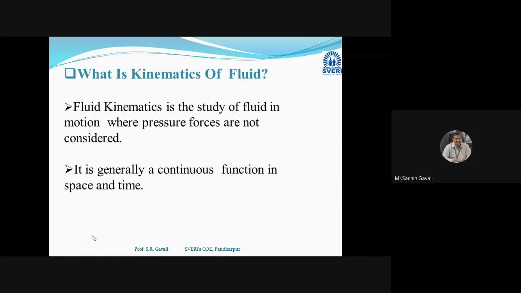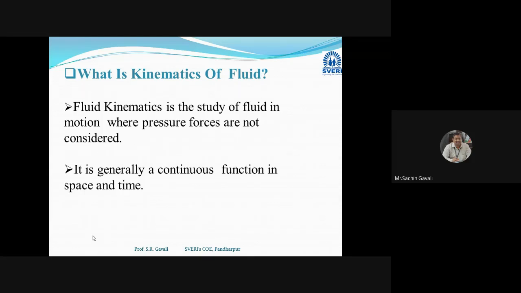We are only going to discuss the motion parameters in this chapter. First is velocity, and second is acceleration. Other than that, we are not going to discuss much more.